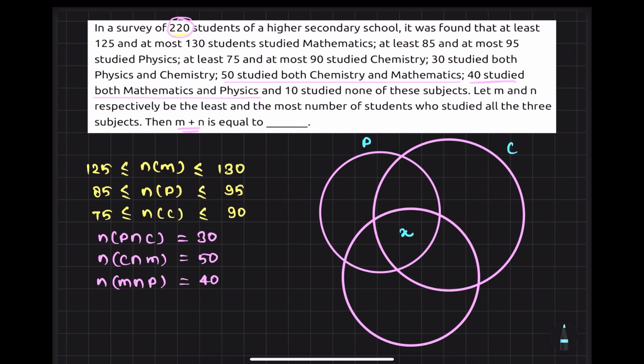Suppose this is physics, this is chemistry, this is maths. Physics and chemistry is 30, and we have already used x, so it is 30 minus x. Chemistry and maths is 50, so it is 50 minus x. Physics and mathematics is 40, so 40 minus x.